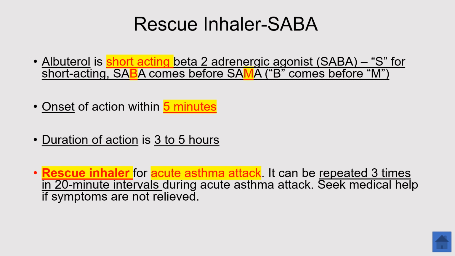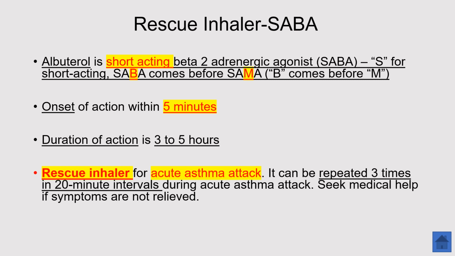So the way for you to remember, to not get confused about the SABA or the SAMA for rescue inhaler, you can always think that B comes before M, right? So you do the SABA first before you give the SAMA drug. All right.